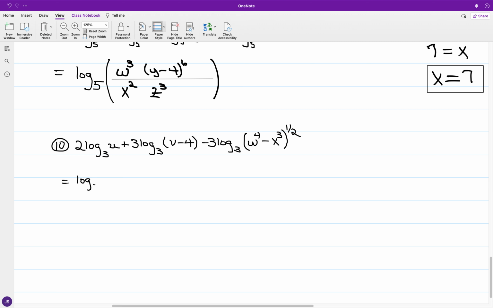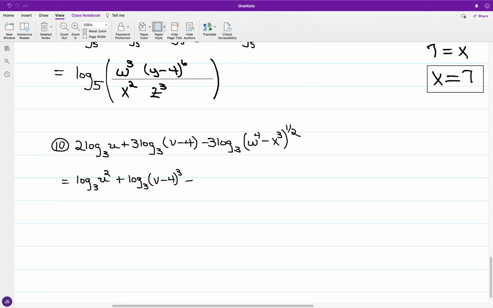So we have the base 3 logarithm of u to the 2nd, plus the base 3 logarithm of the quantity v minus 4, which is going to be to the 3rd power.